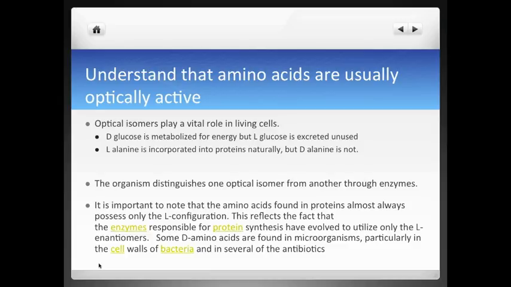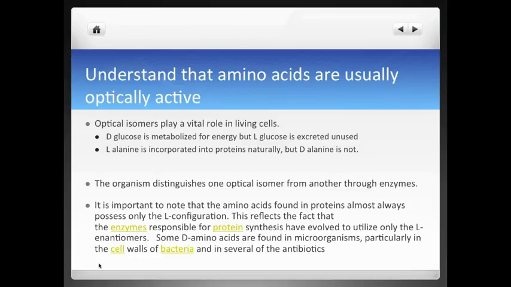We as an organism, and other mammals, distinguish one optical isomer from another through enzymes. We'll talk about enzymes later on in biochemistry. It's interesting to note that almost all the amino acids found in proteins have the L configuration.